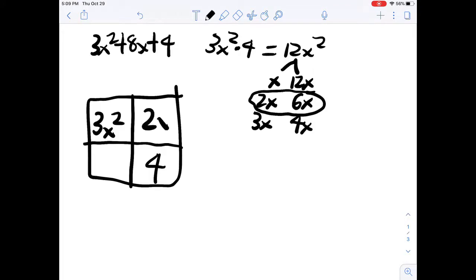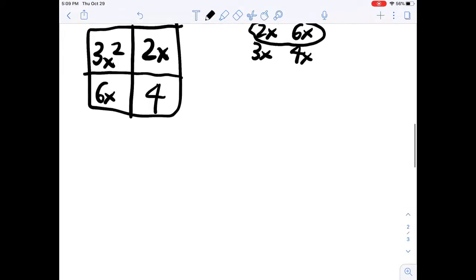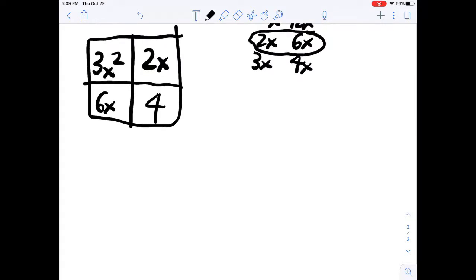So we have 2x and 6x. And from here, we're going to find what's in common in both the rows and both the columns. So let's start with 3x squared and 6x.